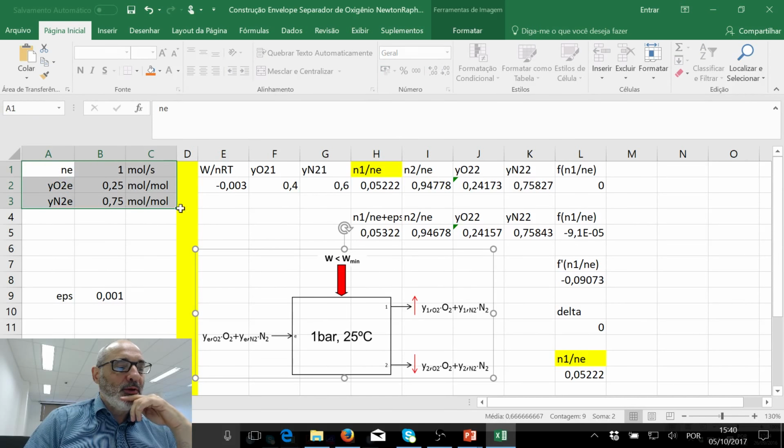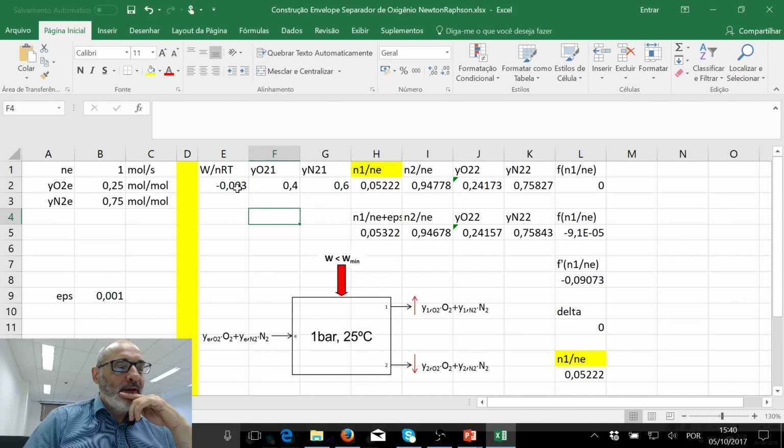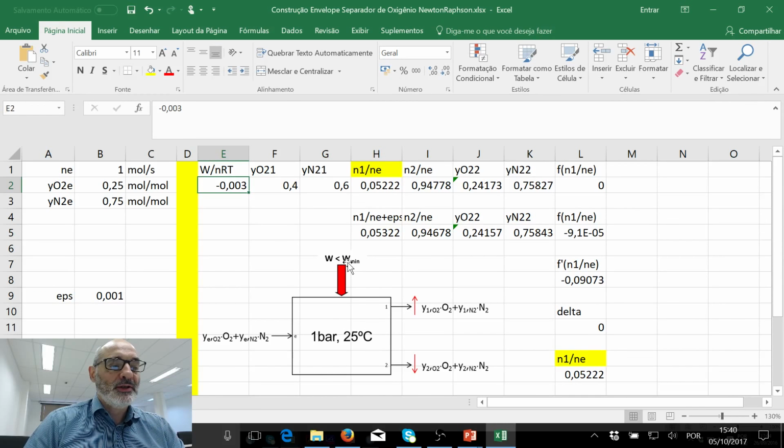Okay, so those are the a priori known parameters. This is the amount of work that I am injecting in the separation process. So it's smaller than the theoretical minimum for perfect separation. This is another design parameter that I already know.